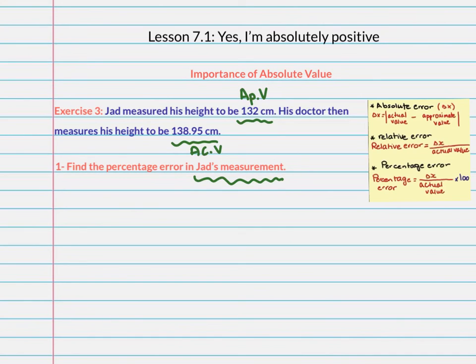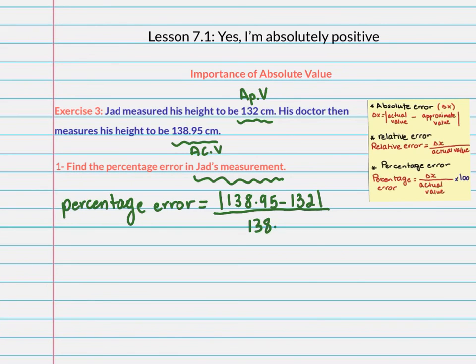Now we need to find the percentage error. Percentage error is the absolute value of the actual value, 138.95 minus 132, divided by the actual value, which is 138.95, all multiplied by 100.